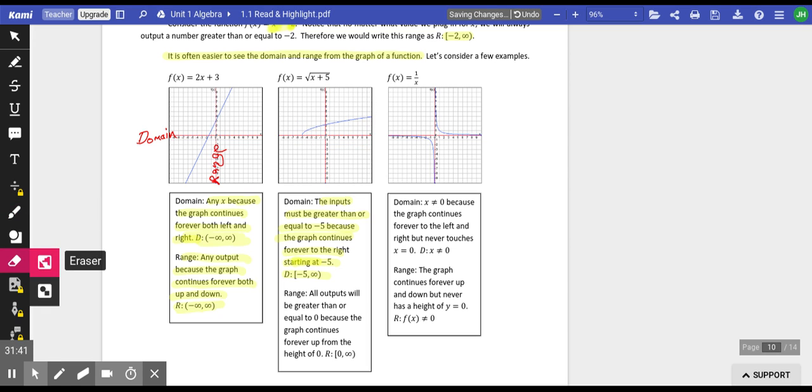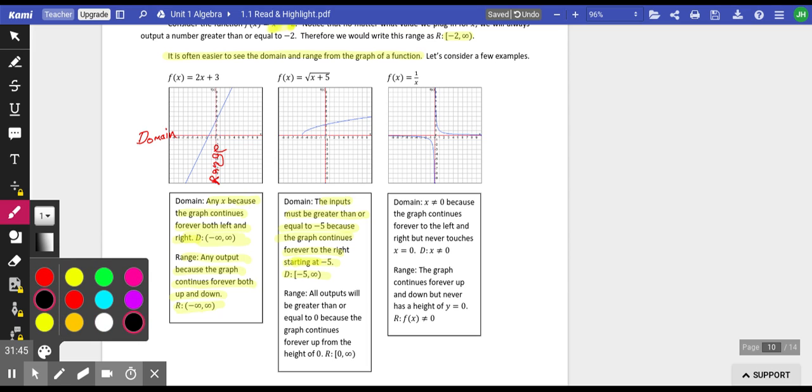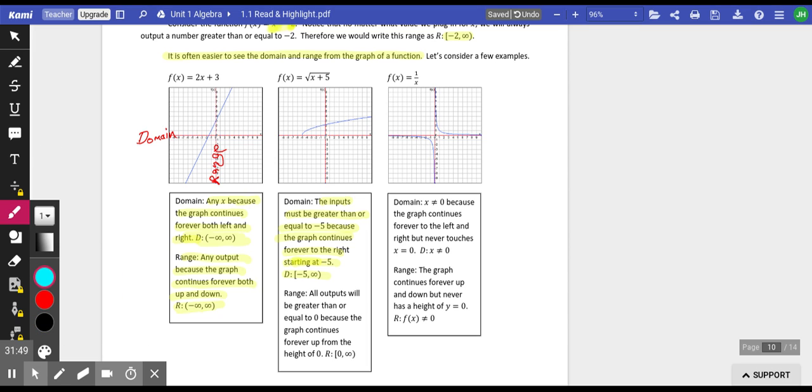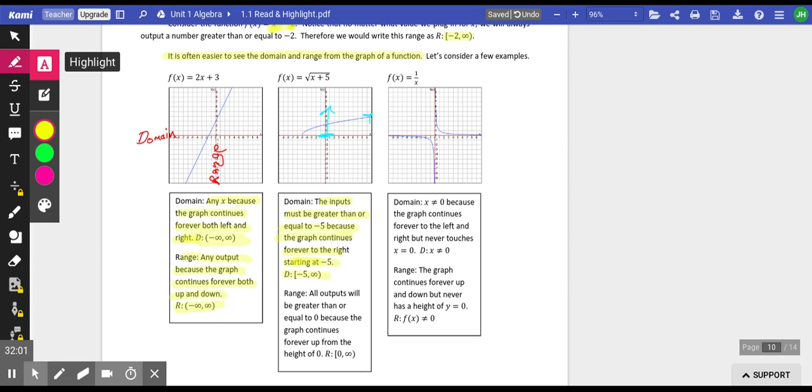Now the range is up and down. Let's go with blue. The range starts here, and it goes up forever. So it starts at 0 and goes up. So all the outputs will be greater than or equal to 0 because the graph continues forever up. So that's all important, and so on and so forth.